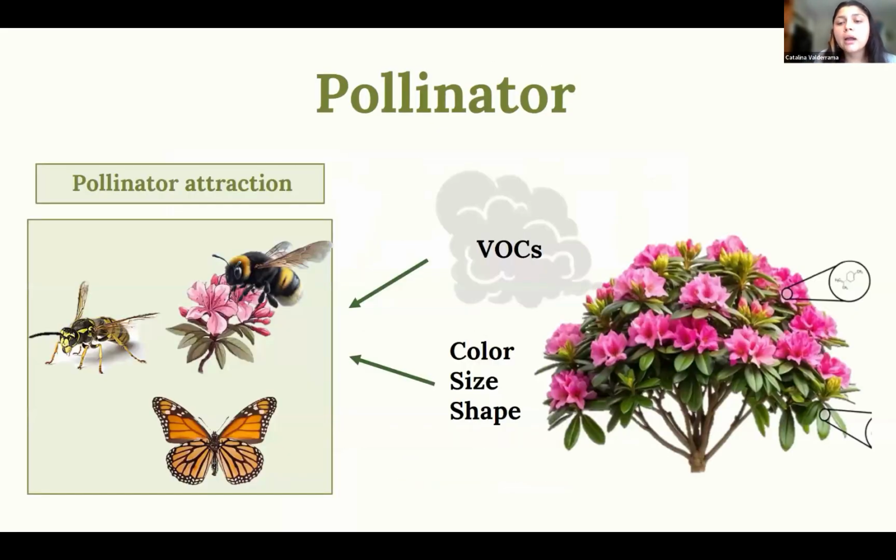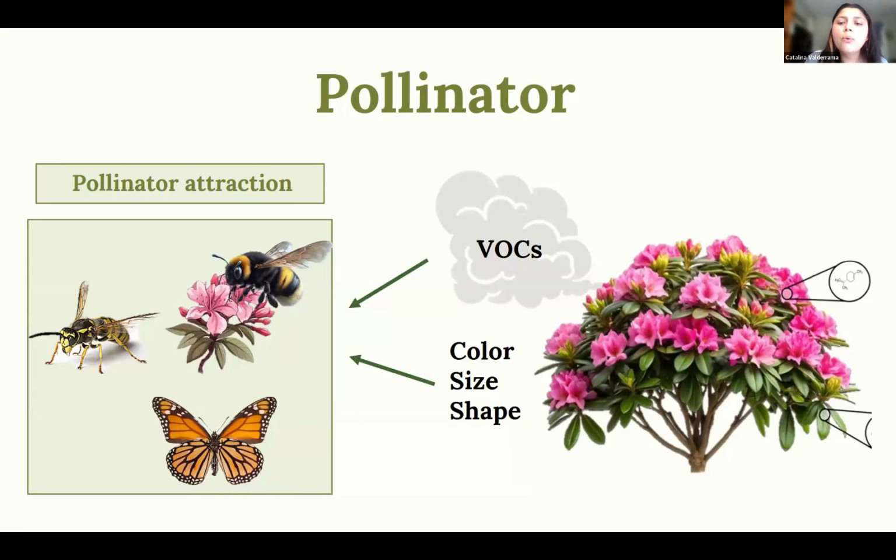Also, we're interested in the pollinator perspective and how those pollinators are being attracted. This is where the VOCs join with the phenology part and this association with the rhododendrons.